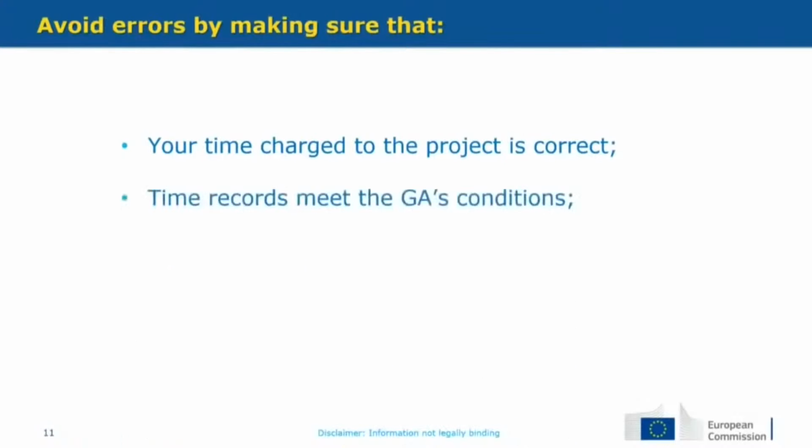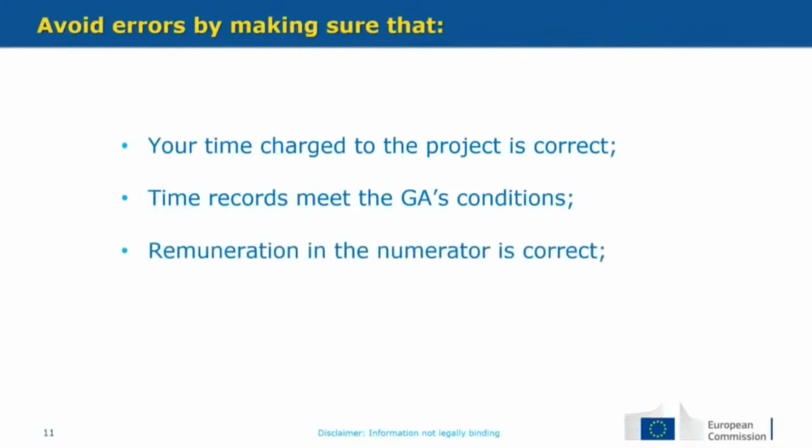You may be amazed, we still find many differences in the time charged in audits. The second advice is that the time records that you use meet the grant agreement's conditions. Basically, you have the name of the person working, the signature of the person, the signature of the supervisor, etc.